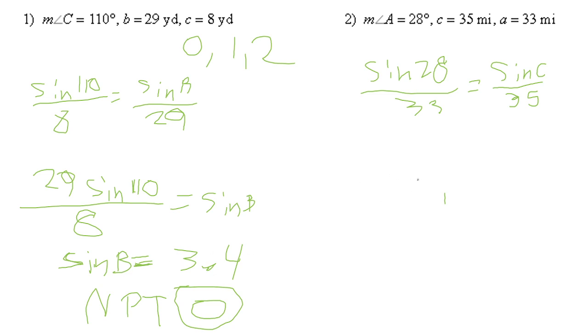Do the same thing for the right-hand one. Multiply both sides by 35, we get 35 sine of 28 divided by 33 equals sine of C. So sine of C equals .4979.